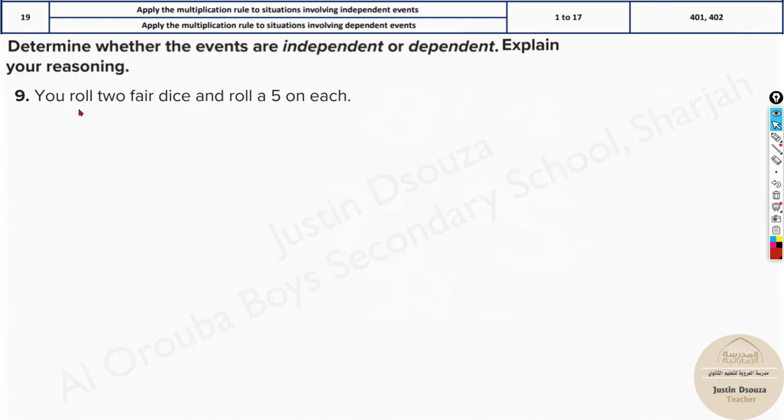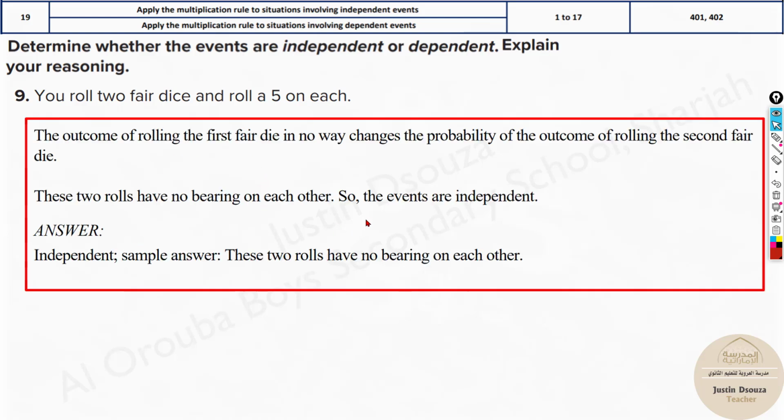Now, you roll 2 fair dice and roll a 5 on each. Now, see, the dice are not at all related to each other. You put any number on one die, on the other die, it's again a separate probability. It's 1 by 6 itself. It's not going to affect each other. Whichever number you get on one die, it's not affected. So this is independent.